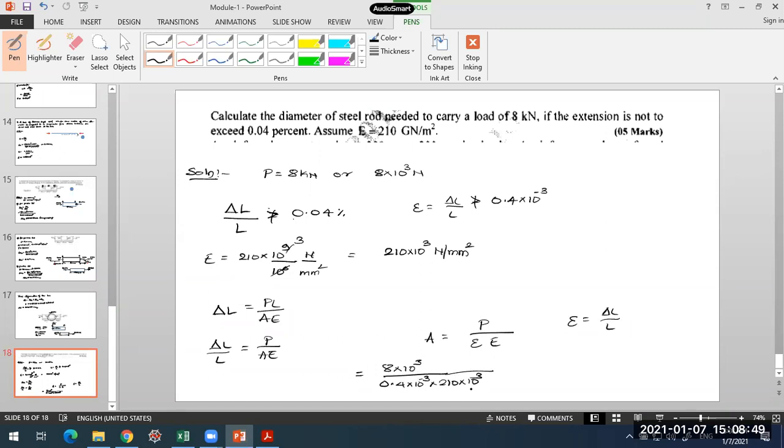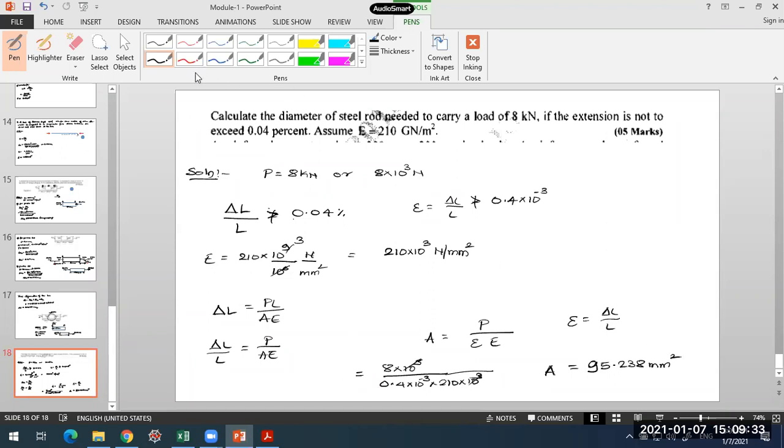Okay, so what it gives us, A as, what is the area required here? 95.238 mm square.